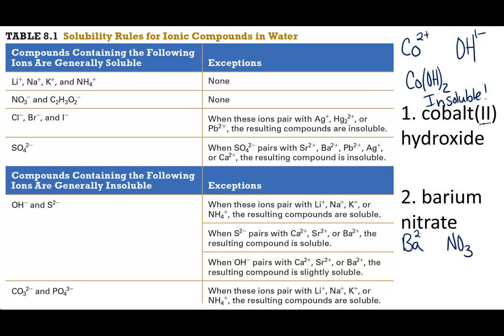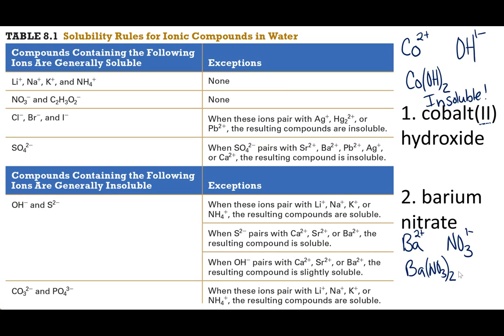It's going to have a 2+. Nitrate is a polyatomic. Go ahead and look that up, and we'll see that nitrate has a 1-. So to write the correct chemical formula, flippity-floppity the charges, we're going to have BaNO3 with a subscript of 2. So there's the chemical formula for barium nitrate.